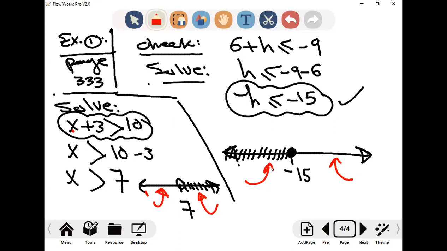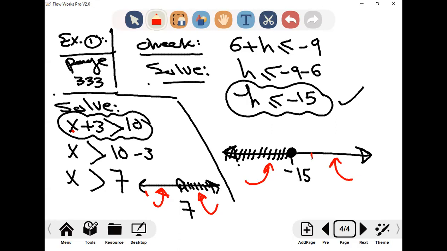Choose any number less than negative 15. Negative 7 is more than negative 15. Negative 16 is less than negative 15, right? 6 plus negative 16 is negative 10. Is negative 10 less than negative 9?